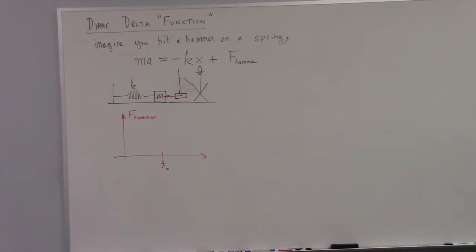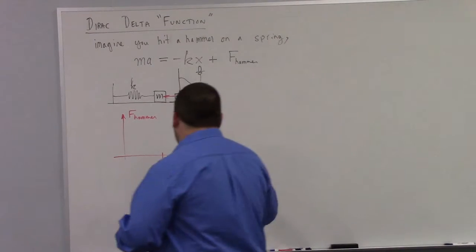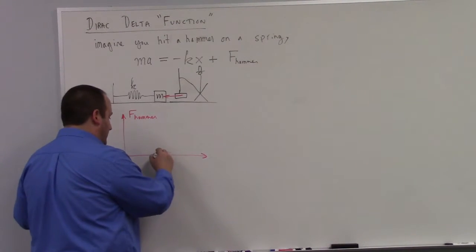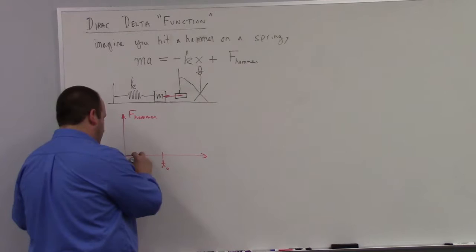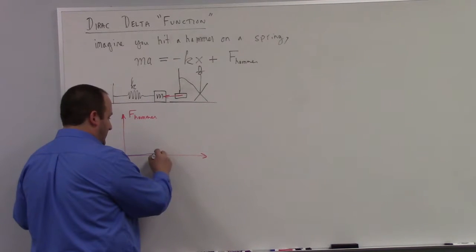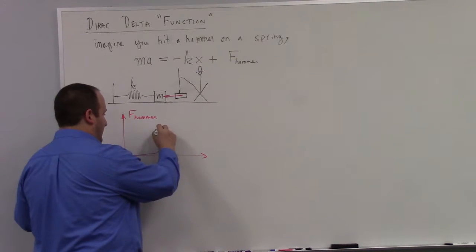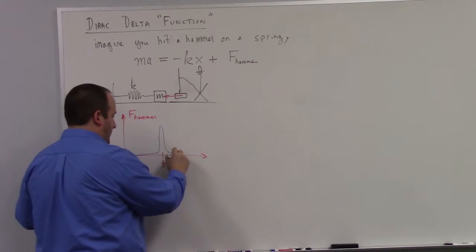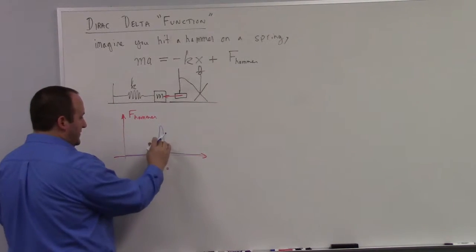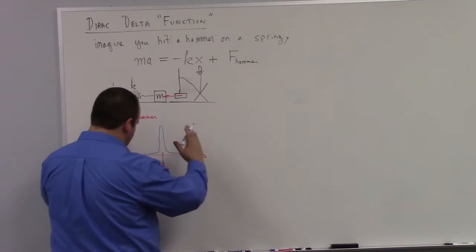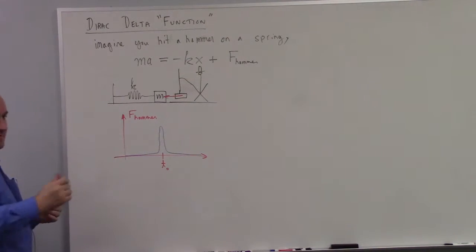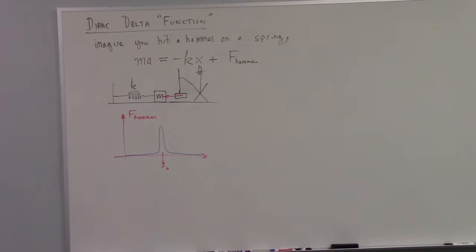Of course, actual physical processes take some finite amount of time. So there's some window of time where it's 0, and then right close to time t naught there's a spike, and then it goes back to 0 again. There's just one concentrated spike of force with the hammer. And how could you describe that force?